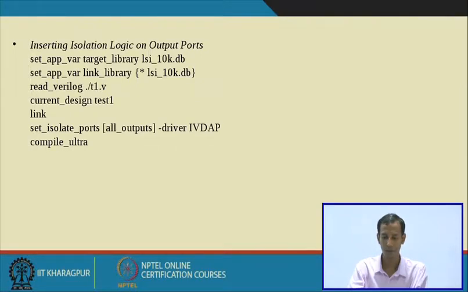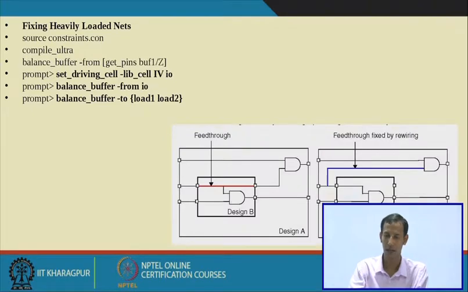So this is the inserting, that means how you can insert the logic on output ports. This is one of the examples. You see that here this net, this feed through net, is basically connected to the first AND gate and the second AND gate.